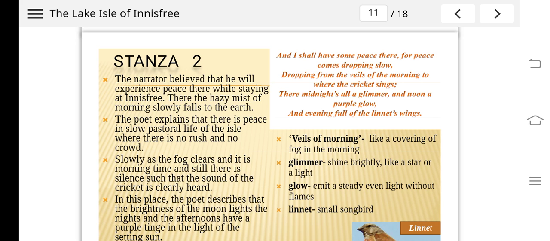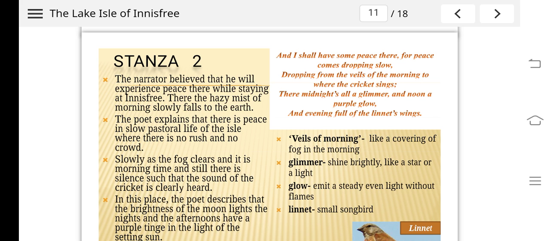There midnight's all a glimmer, and noon a purple glow, and evening full of the linnet's wings. So in this second stanza, you can see the narrator believed that he will experience peace there while staying at Innisfree. There the hazy mist of morning slowly falls to the earth.